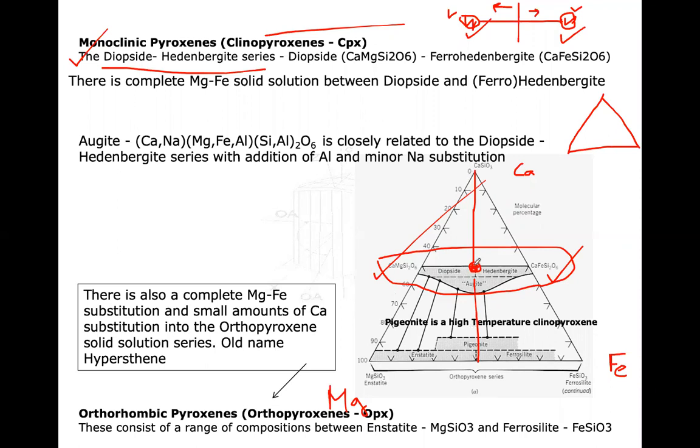So calcium, magnesium, iron, all are equal amounts. If you take calcium and iron only, then 50-50. If you take magnesium and iron, they are 50-50. If you take calcium and magnesium, they are again 50-50.